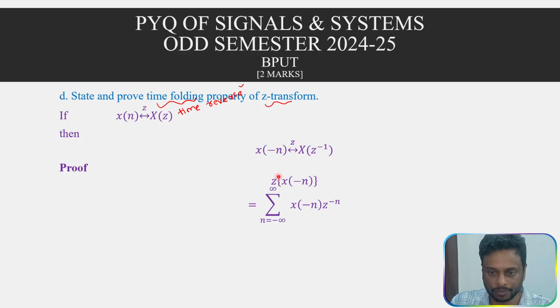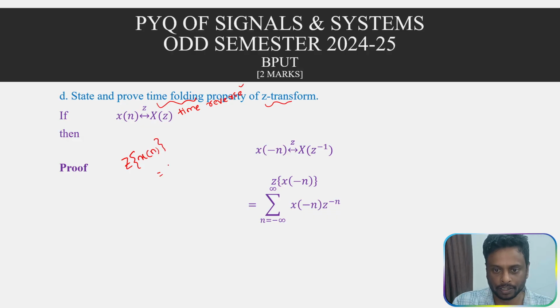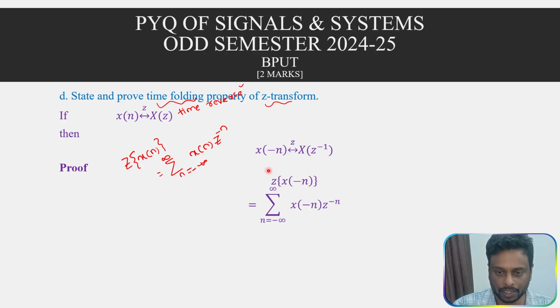So what is the Z transform formula? The Z transform of a discrete time signal will be the summation over n from minus infinity to plus infinity of x of n z to the power of minus n. We need to find the Z transform of x of minus n, so that would be the summation of x of minus n z to the power of minus n.